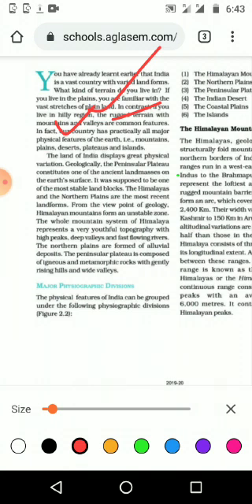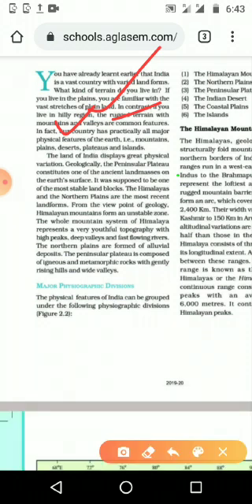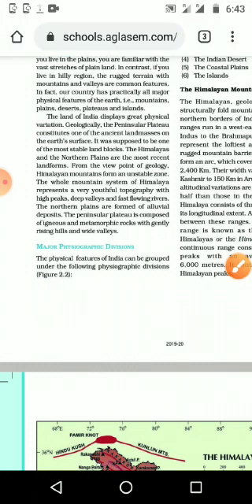And in fact, our country has practically all major physical features of the earth. What all physical features are there? Only the polar physical features, that also we can say, on the top of Everest or in the Himalaya ranges we can see the snow covered area.